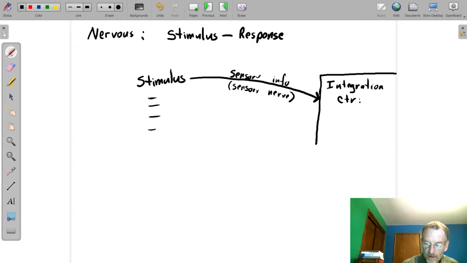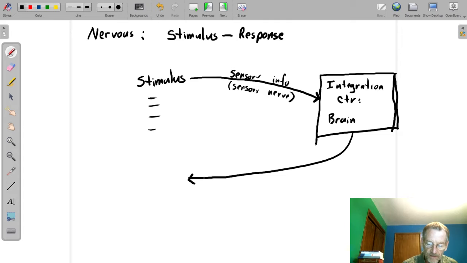Ignore it, or get out of the way, perhaps. So let's just call this brain. That's good enough. And then the brain decides what to do, and sends out information through motor nerves. And that goes to some sort of effector.